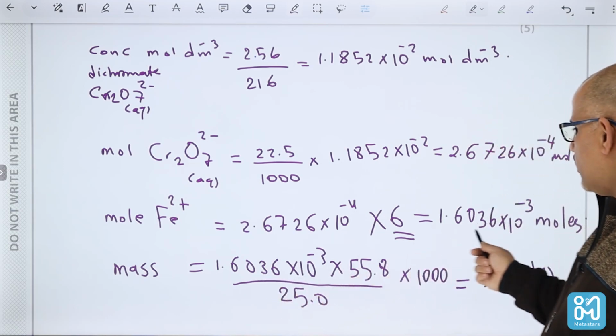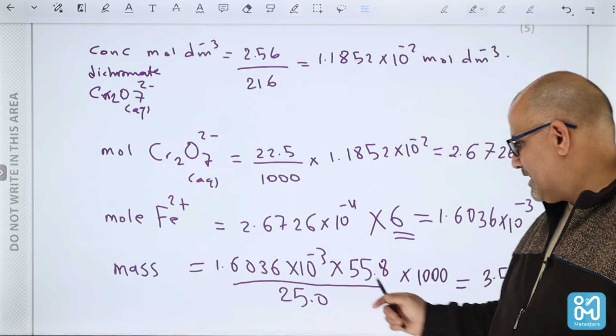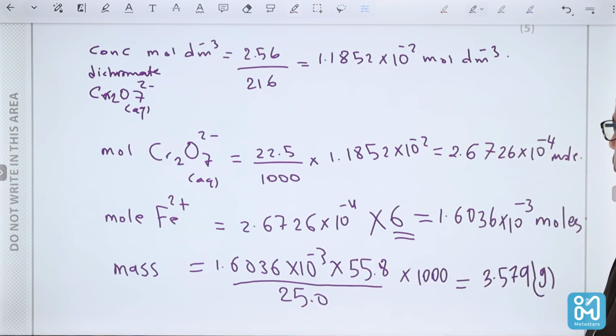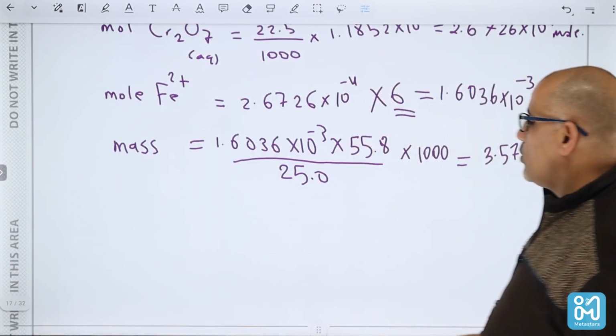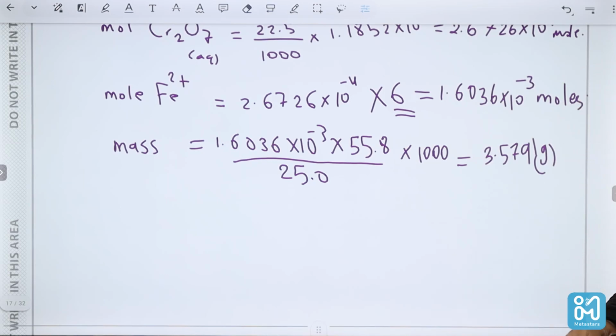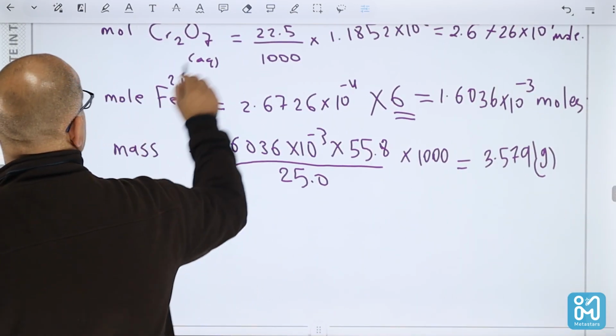Let me clarify this. This is the number of moles found in the titration. He's asking you how much is in the 25, that's why we did this step. And after this, we shall find the mass of iron 3, which is the original mass that has not reacted.